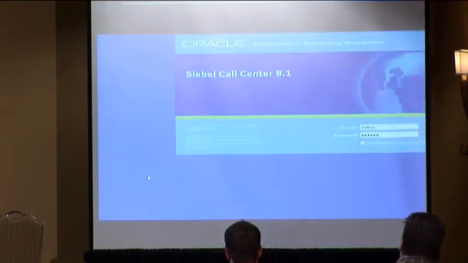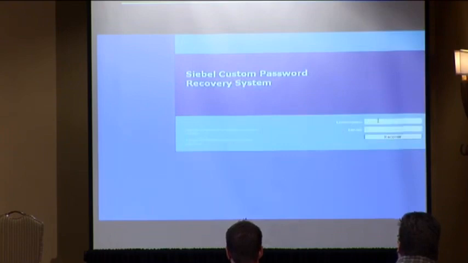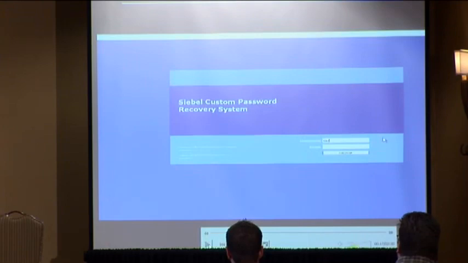The first thing the attacker tries to do here is figure out the username and password, but he doesn't know the password. So he will try to access the Siebel custom recovery system. If you are using LDAP as a data source for Siebel, you will have a built-in password recovery mechanism. If you are using a database, you will have to provide your own custom password recovery system, and this is the case that we are showing. In this case, the attacker is trying to reset the password of a username.